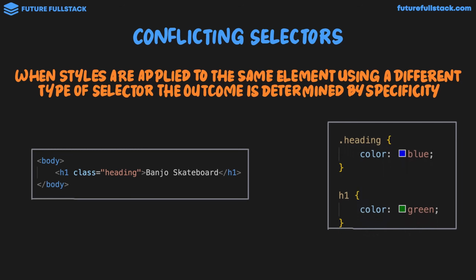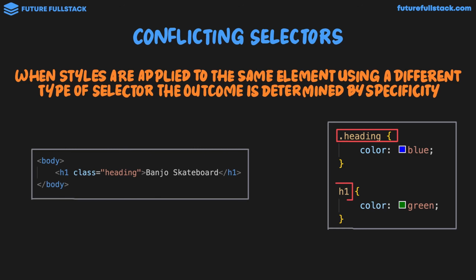The first is using the class heading, where we have the notation period or full stop, followed by heading. And the second is using the type selector H1. So now in this case, we have different selectors, a class selector and a type selector, but they're both targeting the same H1 element. And not only are they targeting the same element, they're applying conflicting styles.